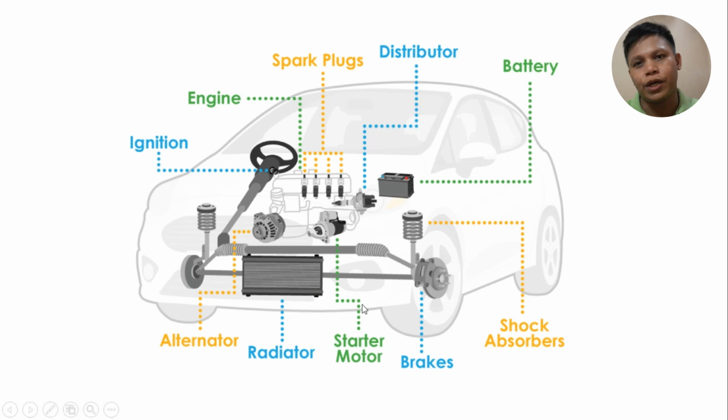Alternator, we also have the radiator, the starter motor, and so on and so forth. And of course, we have the brakes right here. So again, just like in the car, we're only presented with the necessary features, like the steering wheel, the brakes, and so on and so forth. And the car doesn't show its internal workings or internal mechanisms.